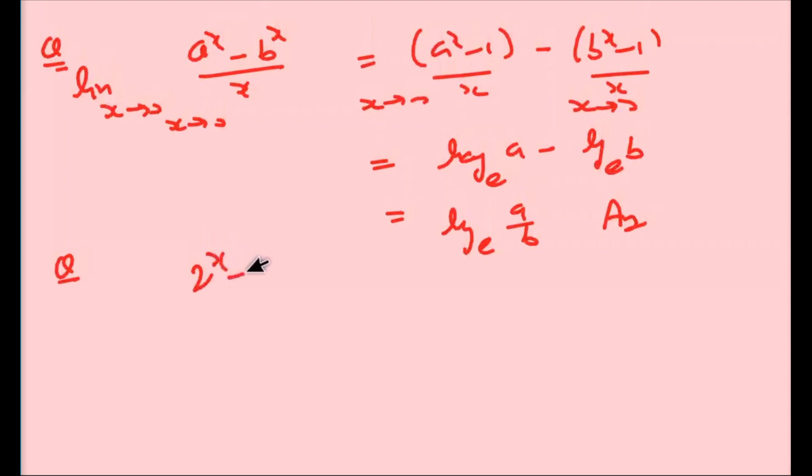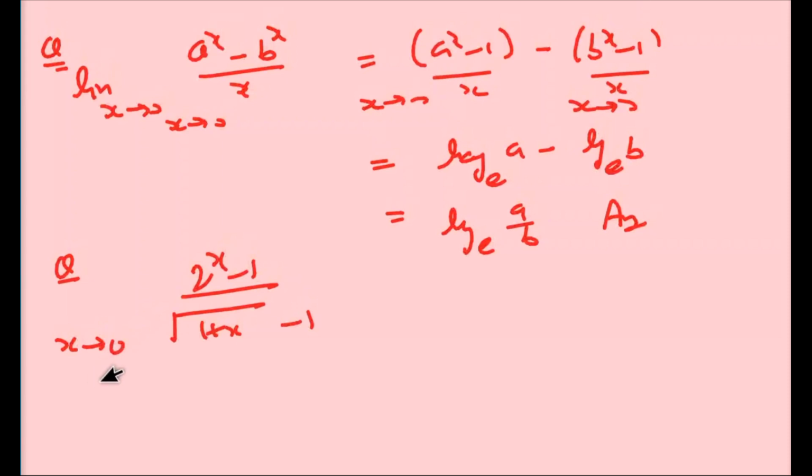a to the power x minus 1 upon under root 1 plus x minus 1, x tends towards 0. So student, we can say here a to the power x minus 1 and its conjugate root. So this is another question.